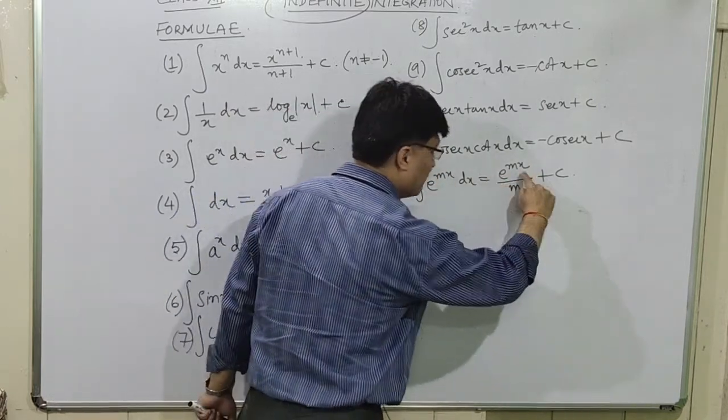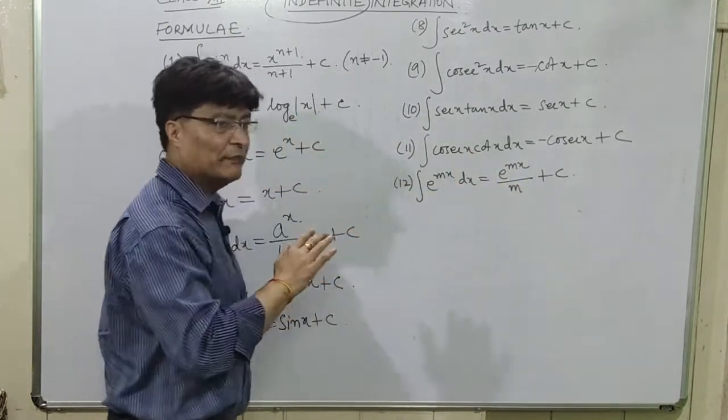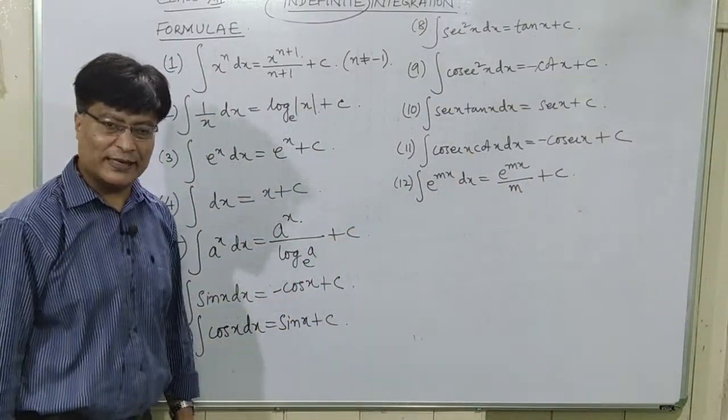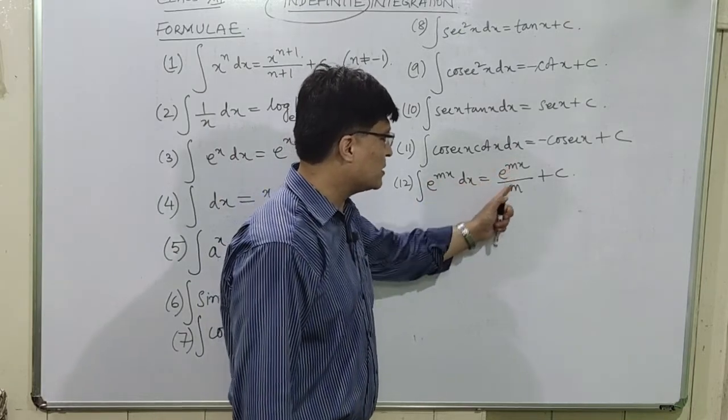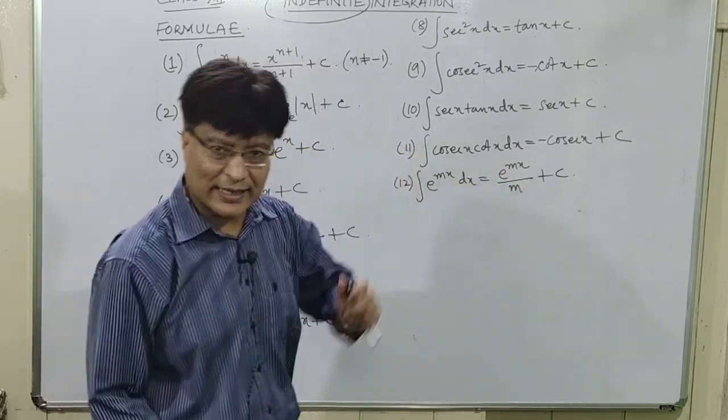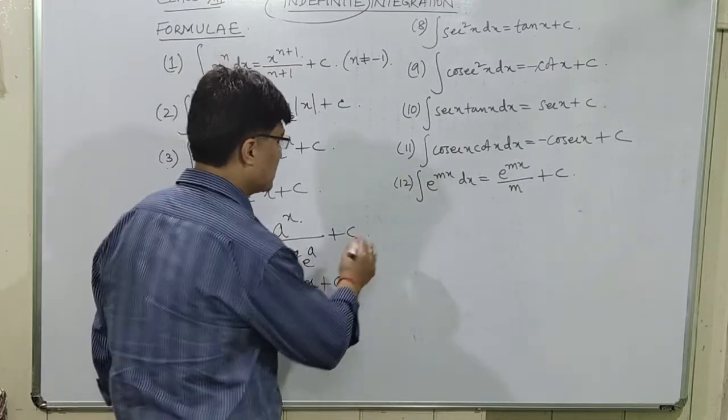That's why you have to divide this e to the power mx by m to get the formula, right? So integration of e to the power mx dx is equal to e to the power mx divided by m plus c. Is that clear? Next, number 13.